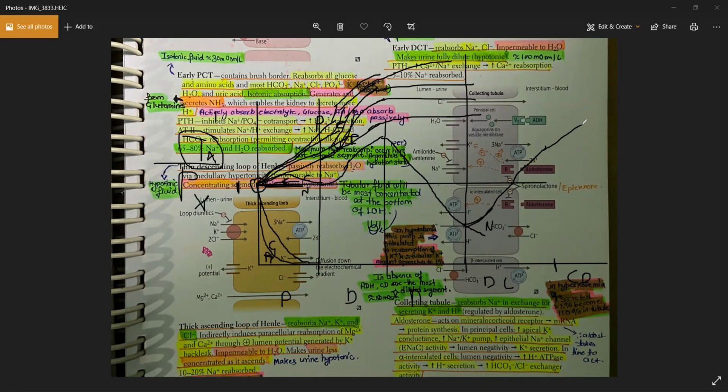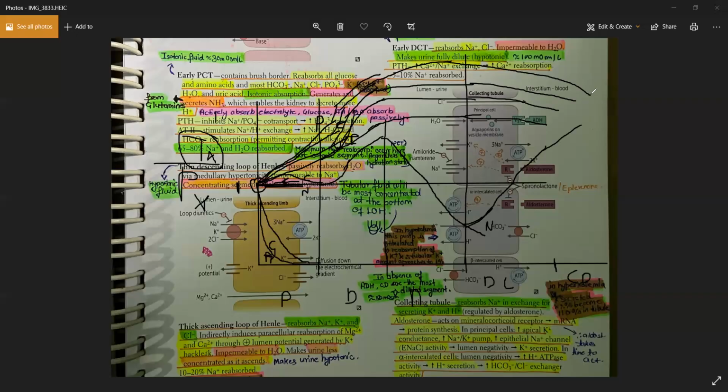In that case, the concentration of all these solutes will decrease because of the presence of free water. The concentration of all these solutes will start decreasing, and the collecting duct becomes a maximally diluted portion because of the presence of free water.